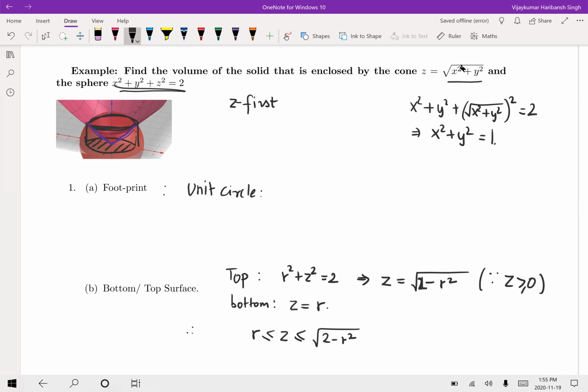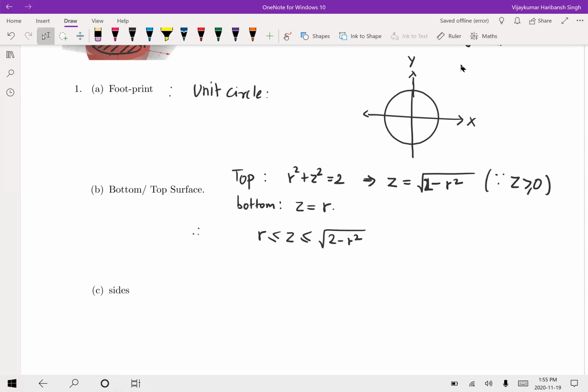Now, I will draw the footprint. The footprint is a unit circle in the xy plane, but we will take it in polar coordinates, so it's r theta. So this is your top and bottom.